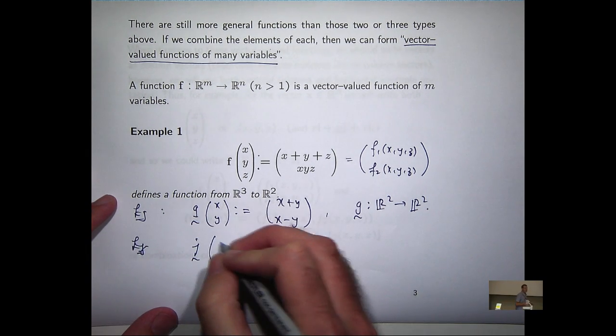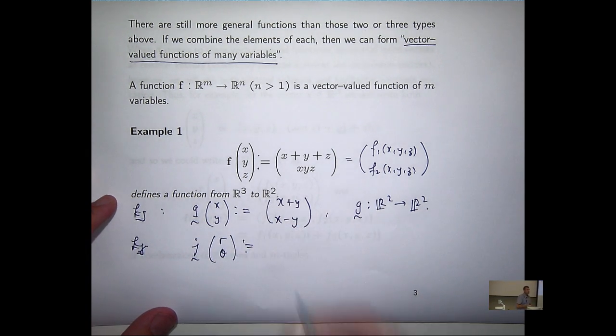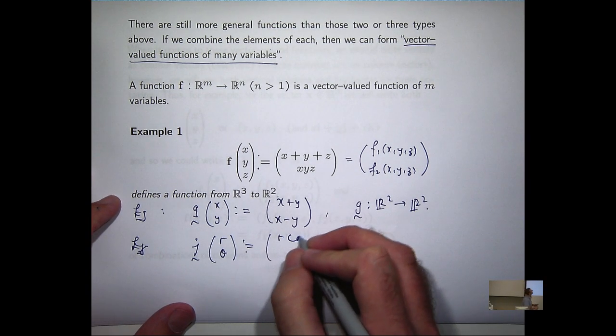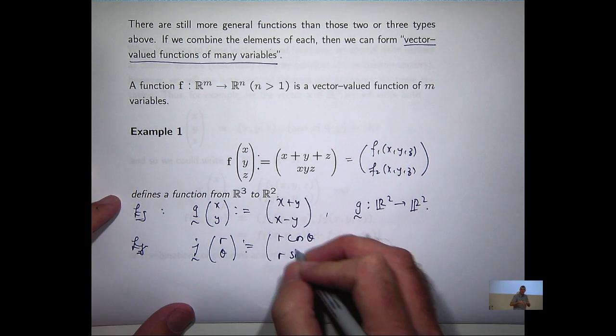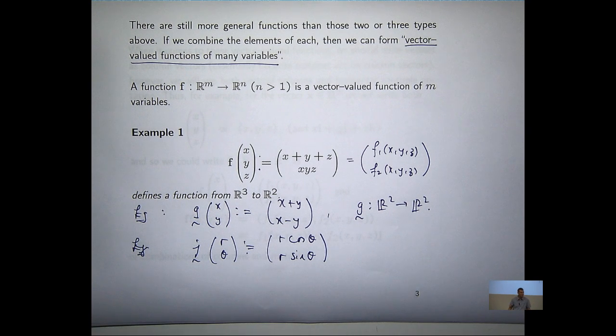What about, oh yes, another one? Okay, let's say I've got J and it's defined in the following way. Look familiar?